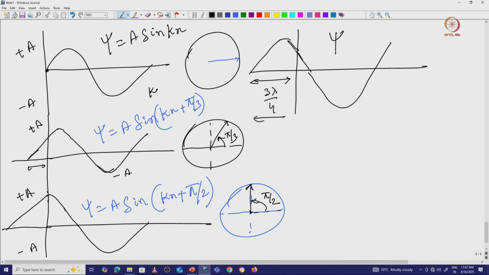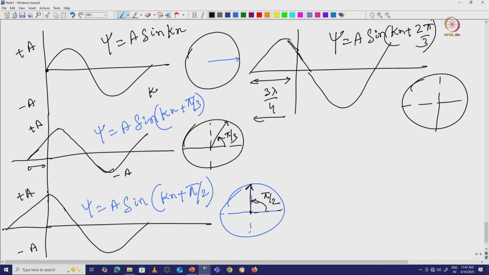So, this will be A sin(kx + 2 pi/3), and we want to plot that here. So, this is the diagram, and our wave will be rotated like that.